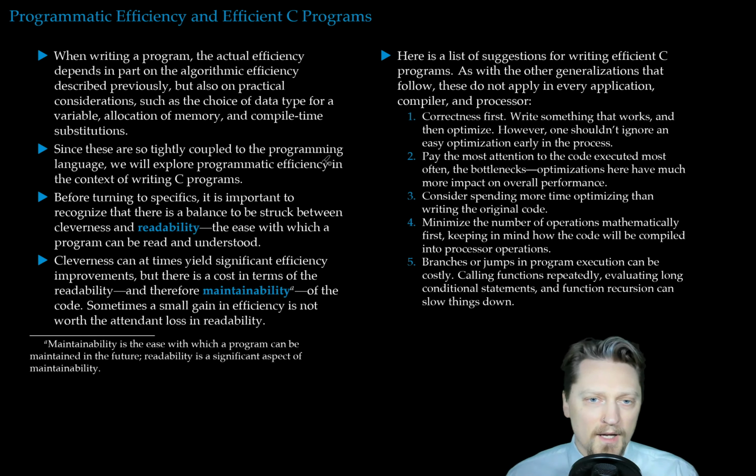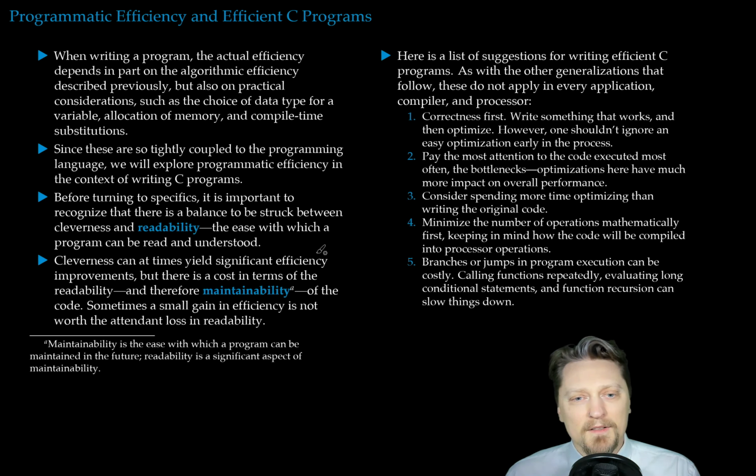Since these are so tightly coupled to the programming language, we will explore programmatic efficiency in the context of writing C programs. Before turning to specifics, it is important to recognize that there is a balance to be struck between cleverness and readability, the ease with which a program can be read and understood by someone else later, or more likely by yourself later.